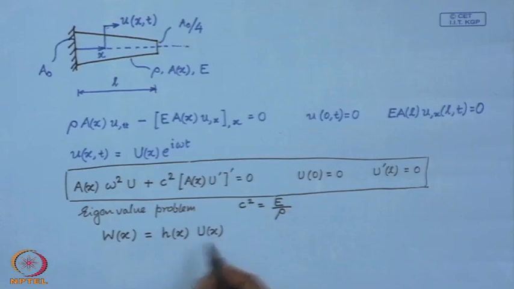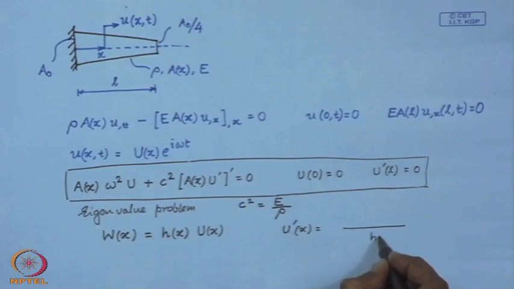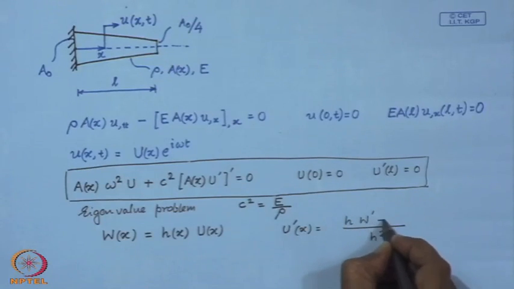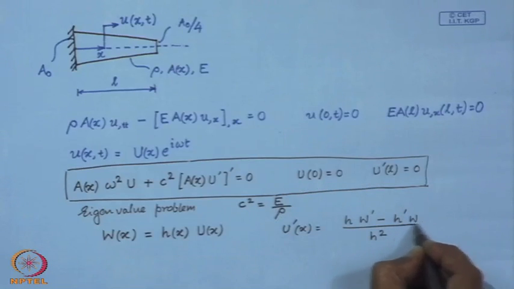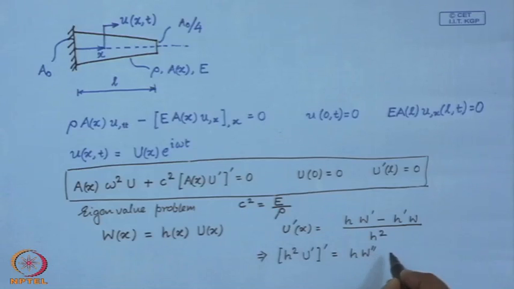Now, if you differentiate, so u prime of x can be written as, so this implies, now, if you identify this h square, this quantity h square with the variation of the area, then you can eliminate or replace this term with this expression.